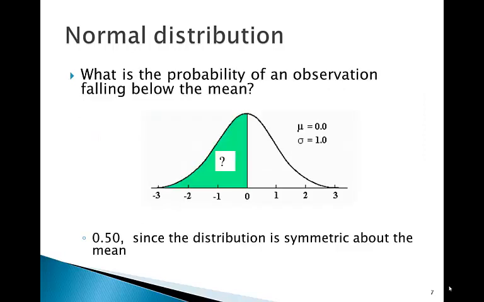The probability of an observation falling below the mean would be 0.5. Since the distribution is symmetric about the mean, the probability of falling below the mean is half, 0.5, and the probability of falling above the mean is also 0.5.